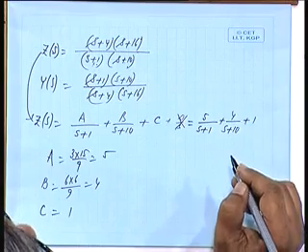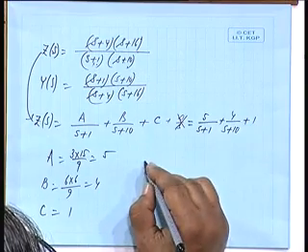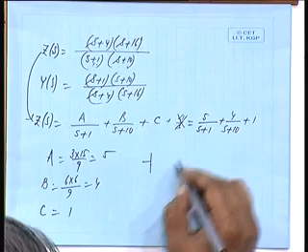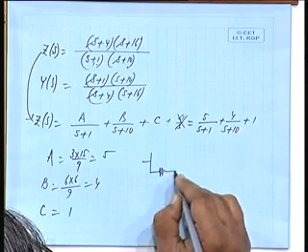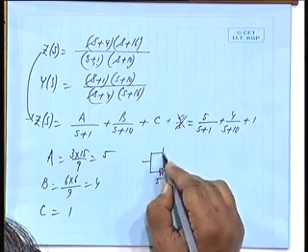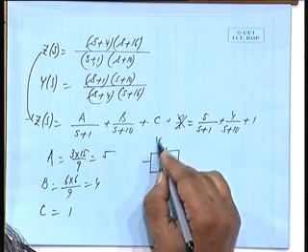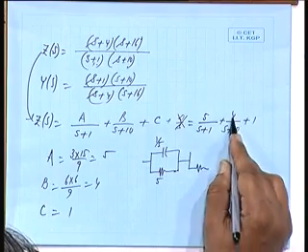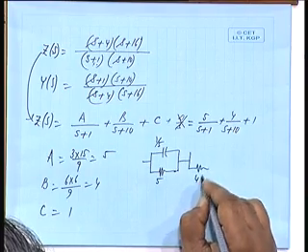Okay. 5 by S plus 1 is what? If I make S tending to 0, it is 5 ohms. If I make S tending to infinity, 1 by 5 farads. Similarly, here it will be 4 by 10 ohms.